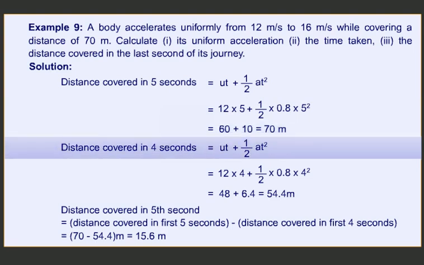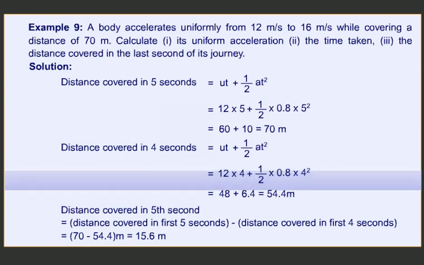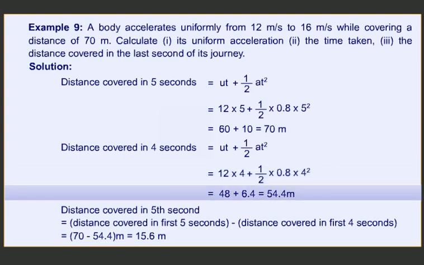Now the distance covered in 4 seconds is equal to ut plus half at square. Here, t is equal to 4. So we write 12 into 4 plus half into 0.8 into 4 square. This is equal to 48 plus 6.4. That gives us 54.4 meter.